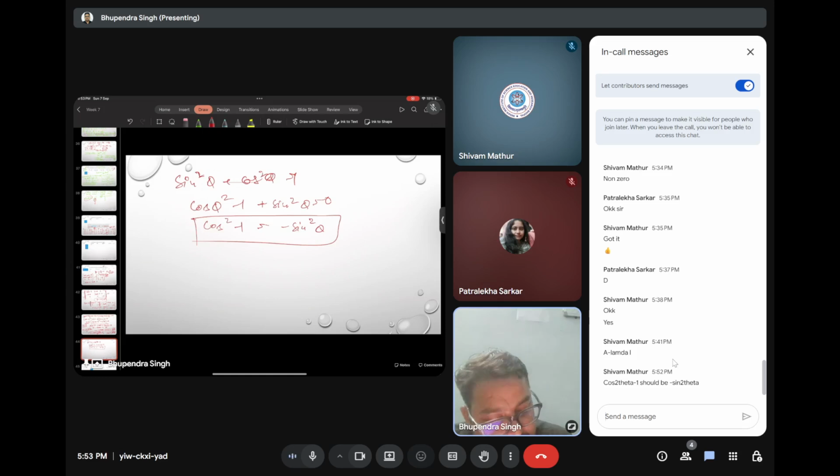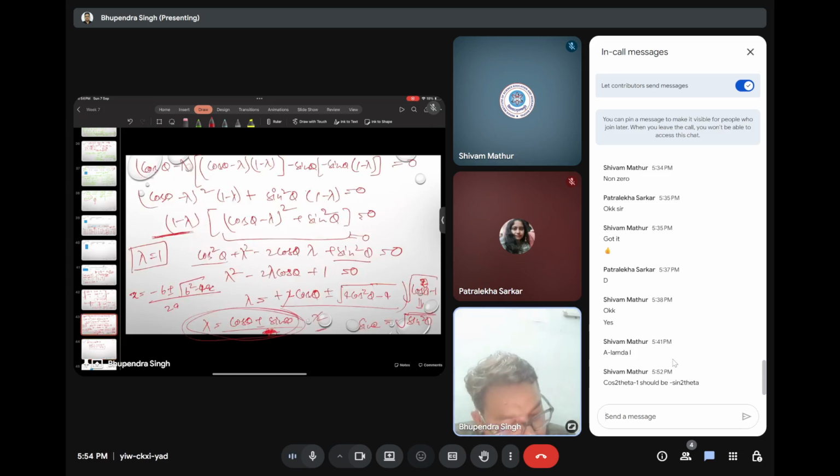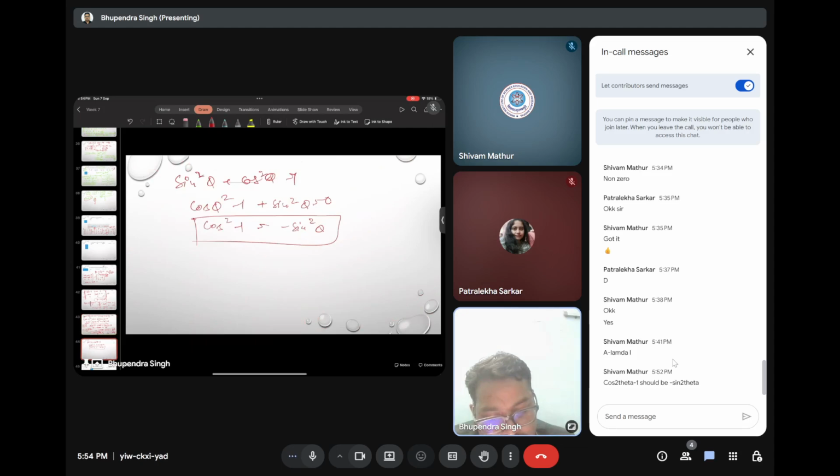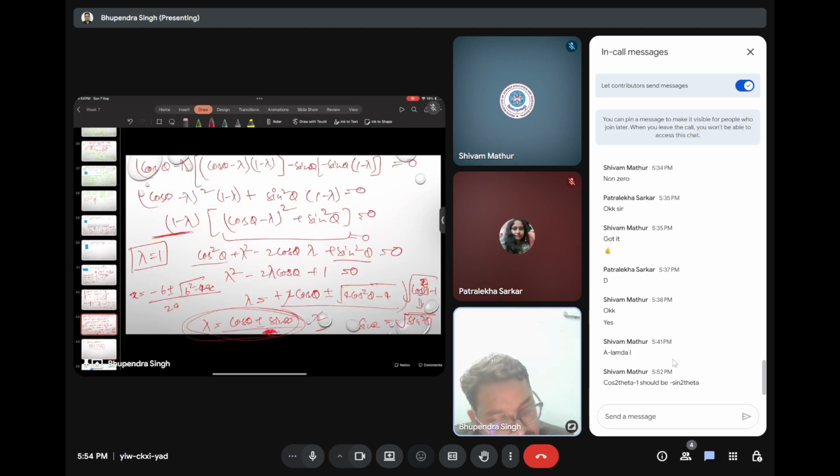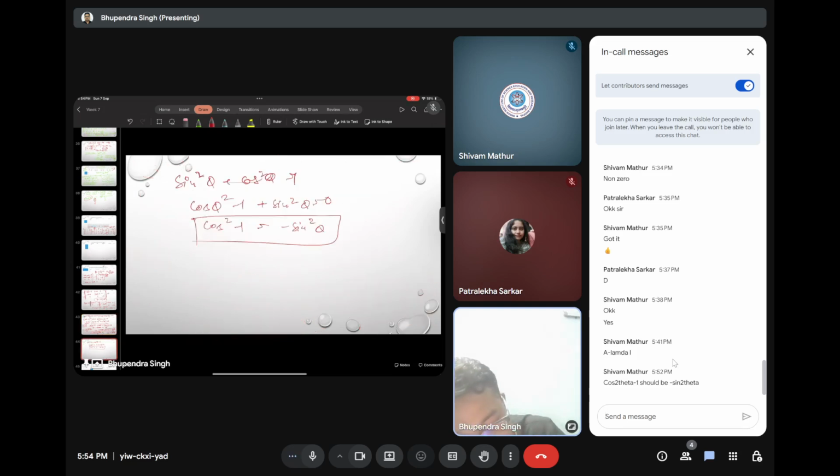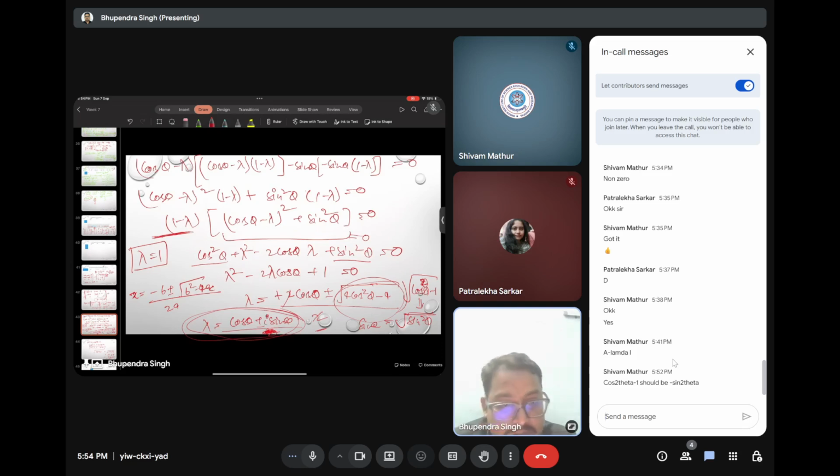This is the mistake. So basically this portion, root over cos square theta minus 1, will give you root over minus sine square theta. So root over 1 and this sine theta, which is minus i sine theta. So here the i will come. Nice, Shivam.